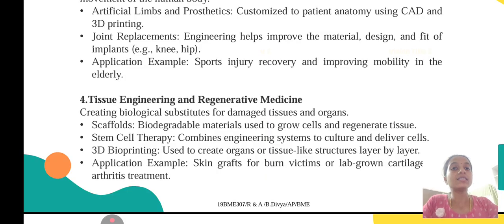The third one is 3D bioprinting. 3D bioprinting is used to create organs or tissue-like structures layer by layer. By printing the exact organ, we can replace it if a particular tissue or organ has malfunctioned or failed. An application for this is skin grafts for burn victims.